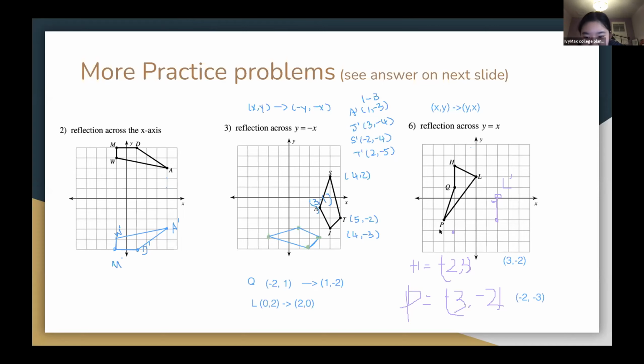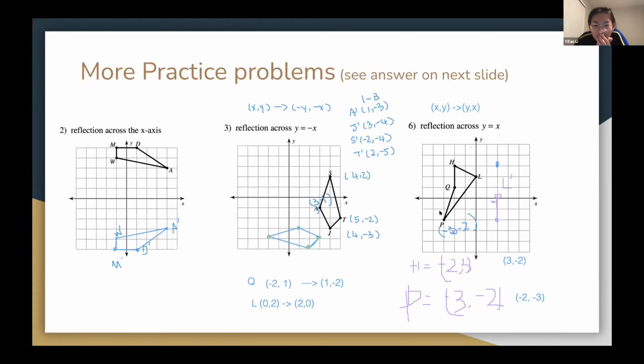Let's check it together. So 1, 2. Here's -3 and -2, right? So your change will be 2, 3, which is right here. Is that right?